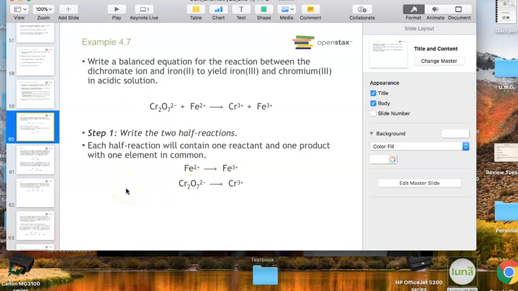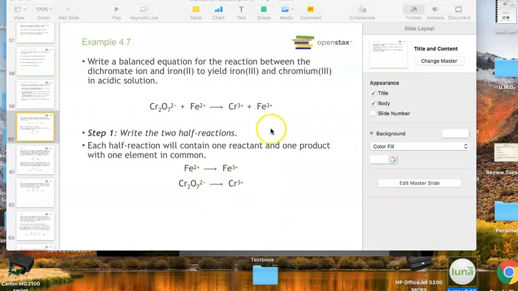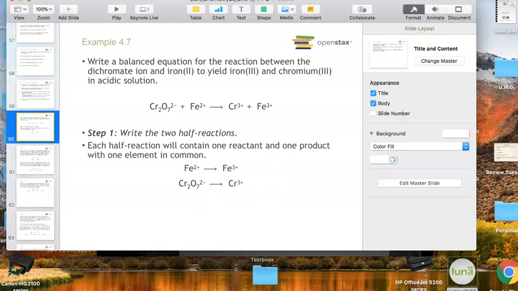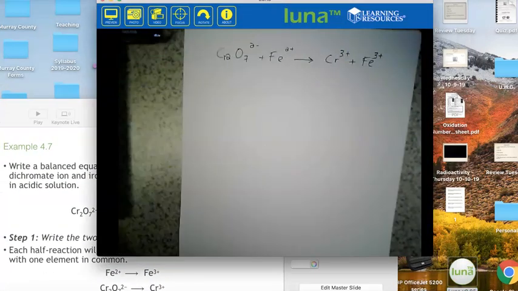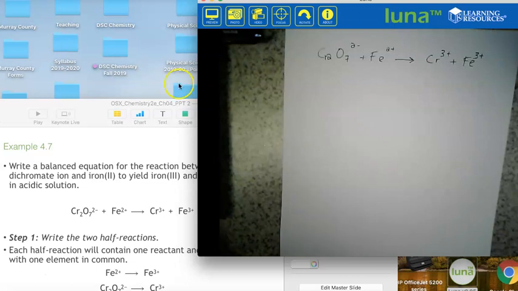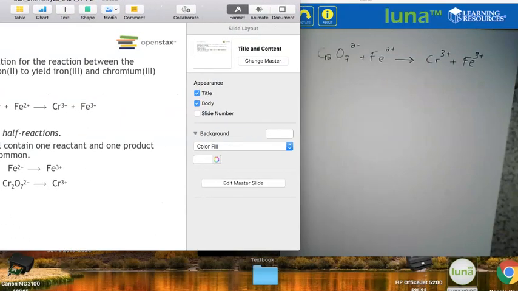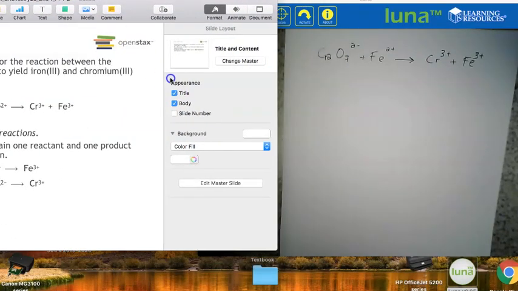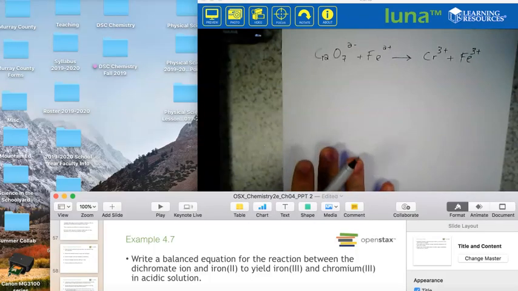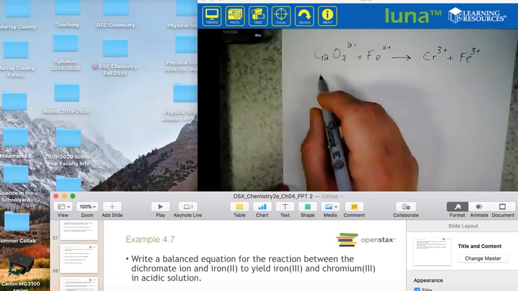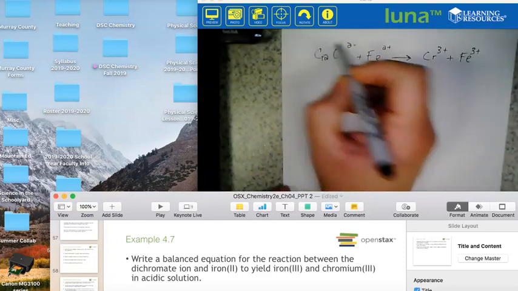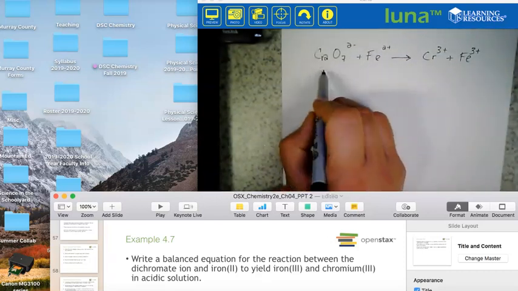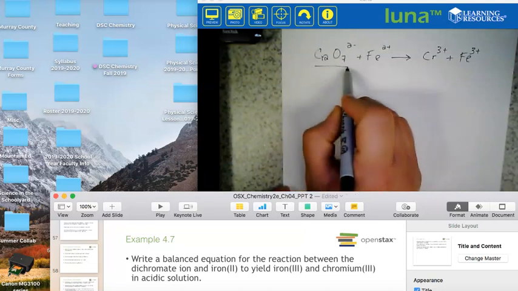But the first thing we're going to do is figure out how to write the half reactions. Here it's showing you, but I want to show you how you do it if you were to do it on paper. So here we see the overall reaction. For a half reaction, I'm first going to figure out what elements go together.